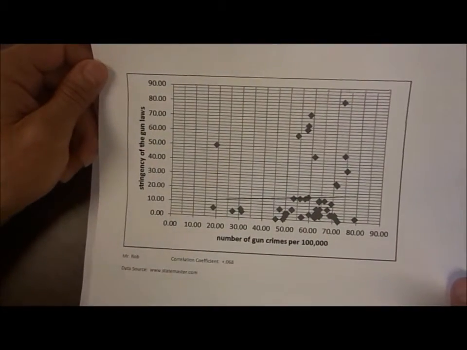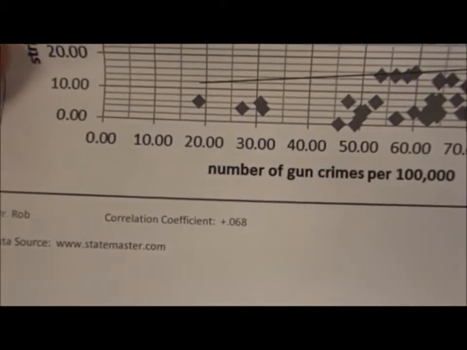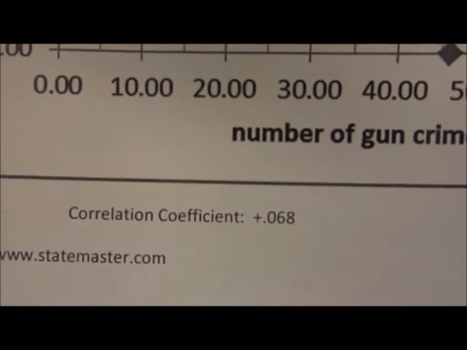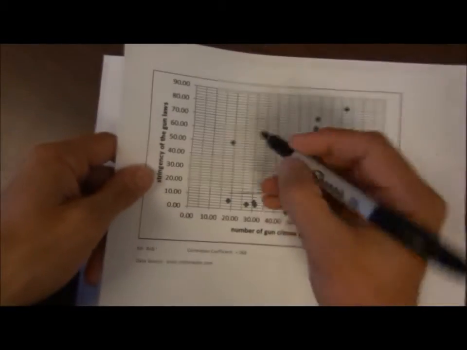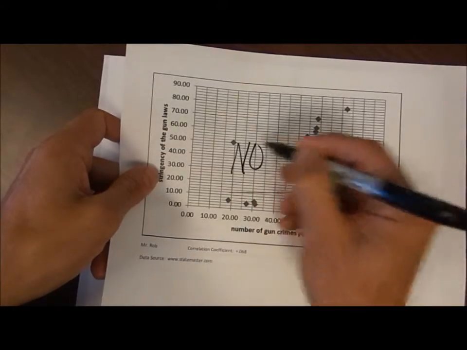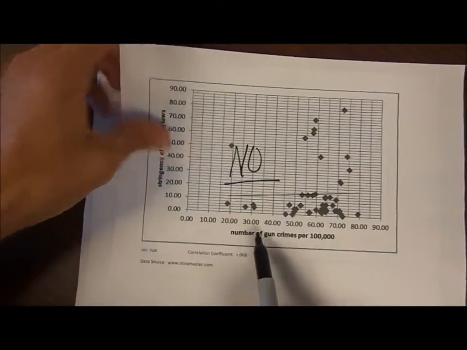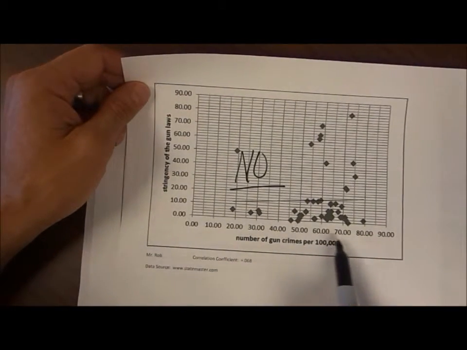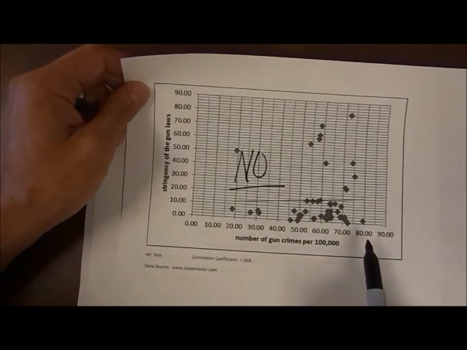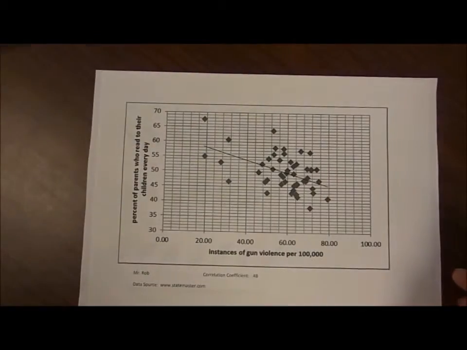And that shows that there's actually a positive correlation there, 0.068, very weak correlation, almost zero. Okay, so there's pretty much no correlation here in the chart that I created between the stringency of the gun laws and gun crimes, how many gun crimes there are. Interesting thing to look at.